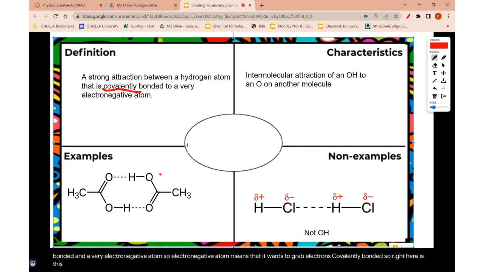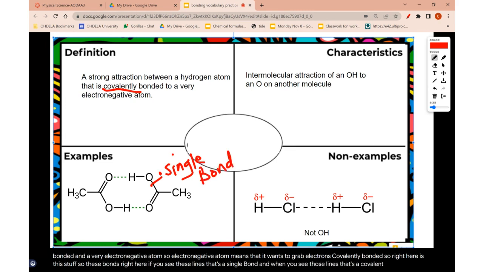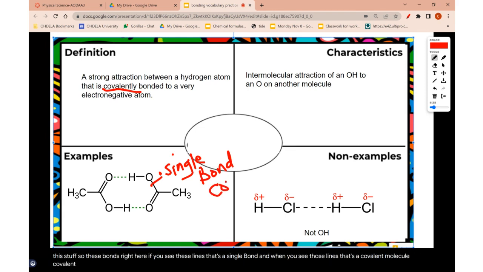So right here is this stuff. So these bonds right here, if you see these lines, that's a single bond. And when you see those lines, that's a covalent molecule. Covalent. This is a double bond. But these dotted lines, you won't see those in the vocabulary.